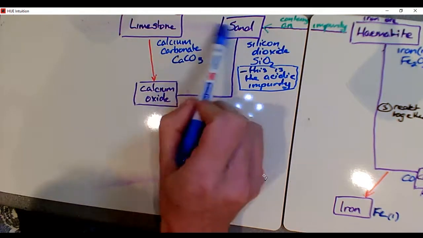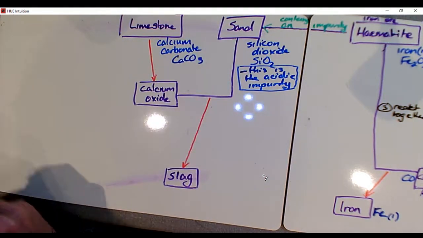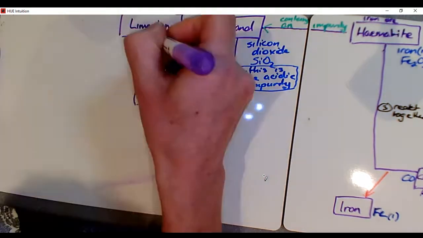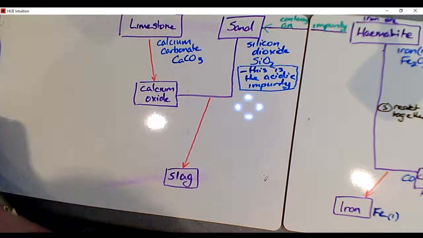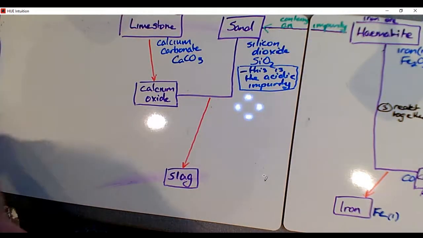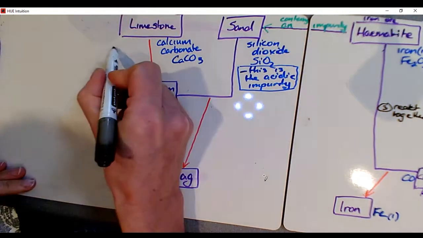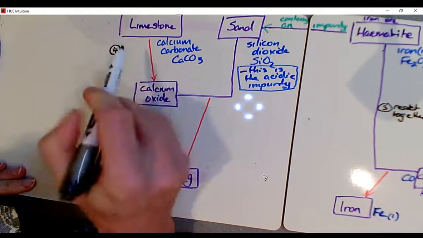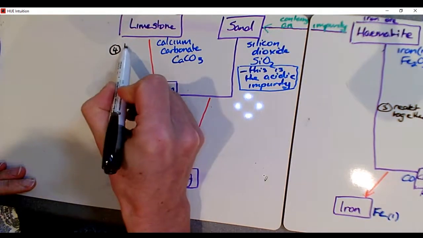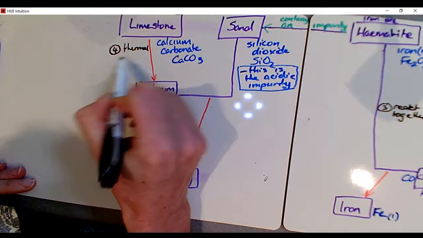Limestone will not react directly with silicon dioxide. But if you heat the limestone, what are we using? So this is the fourth reaction, a thermal decomposition.